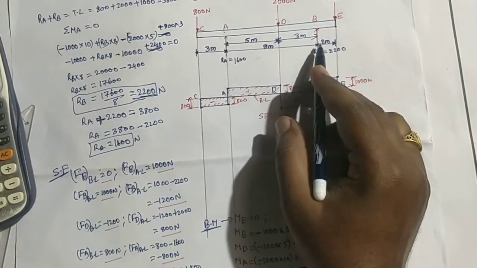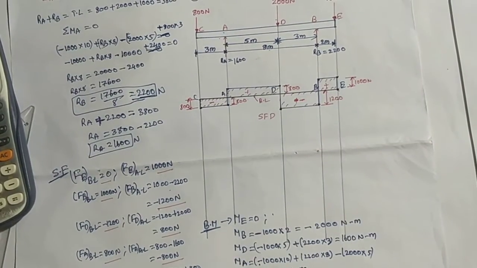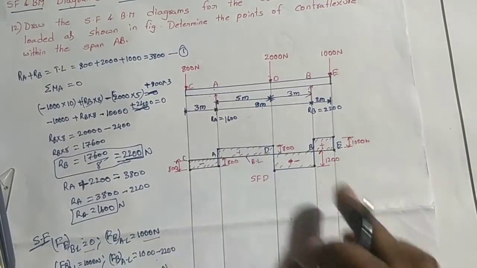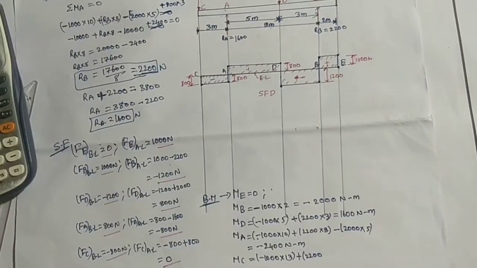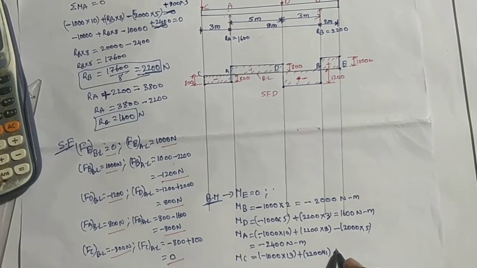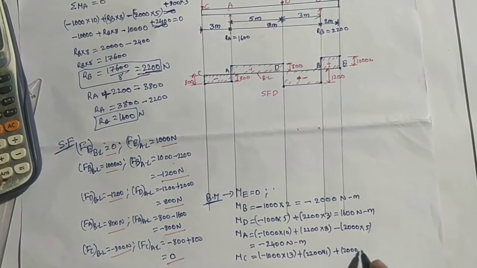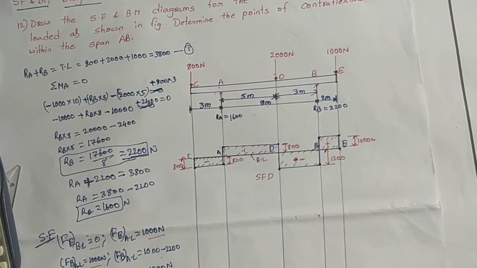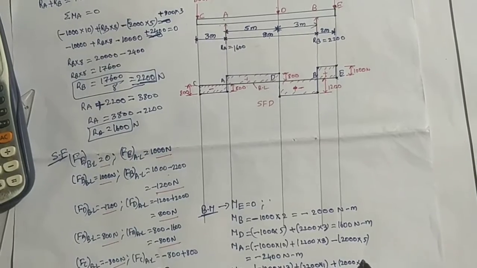Next, the reaction force is 2200. Distance from RB to this point is 11. Okay, next load is 2000 newtons, and from point D to C the distance is 5 plus 3, 8.